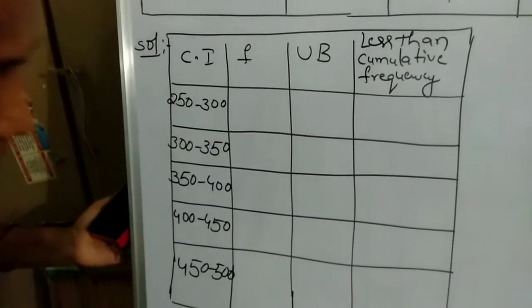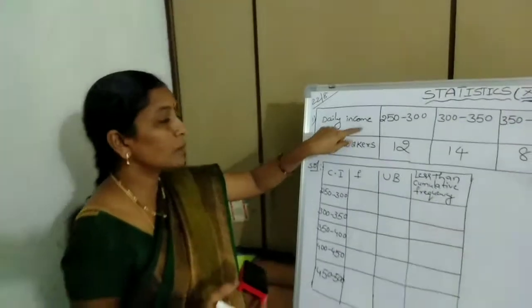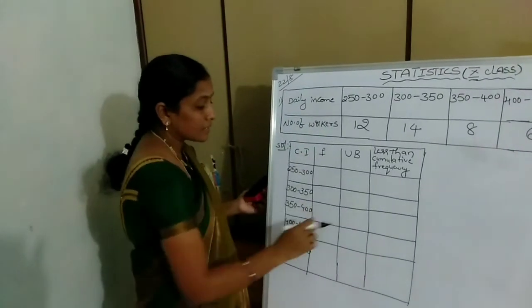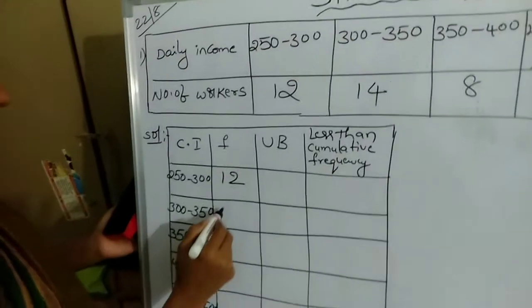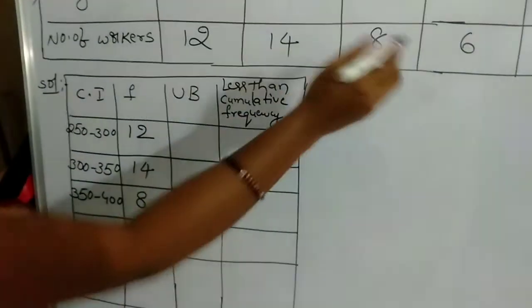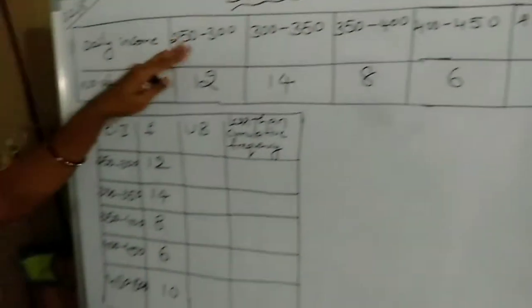So this is the last class interval. So the daily income in rupees can be taken as the class intervals and the number of workers can be taken as the frequency. The first class frequency is 12, the second is 14, the third is 8, the next is 6, and the last is 10. These are also given in the problem.